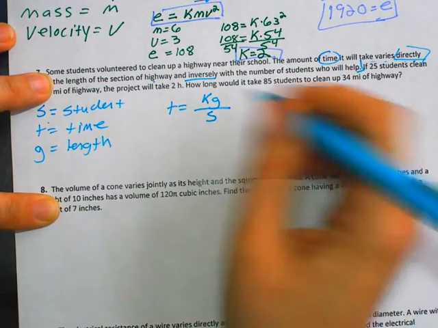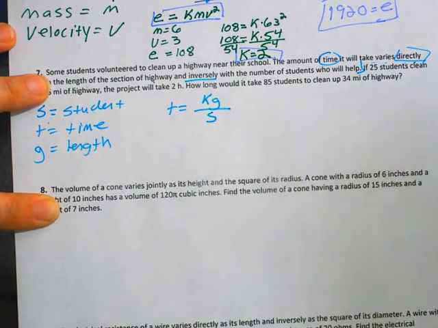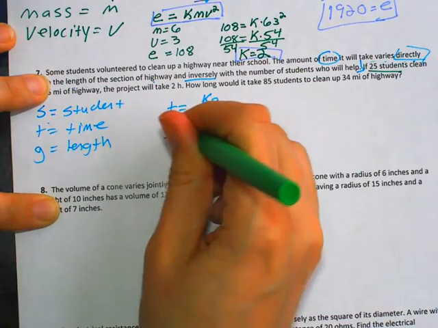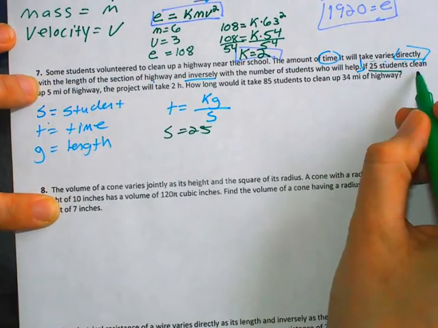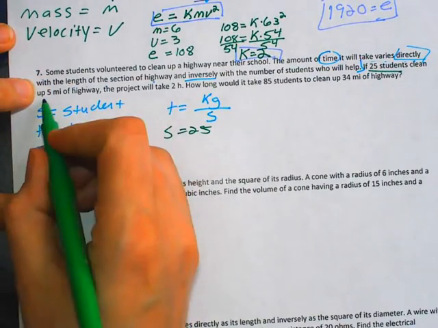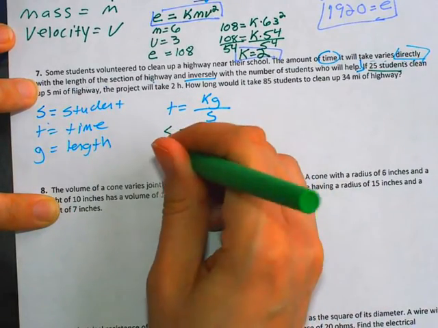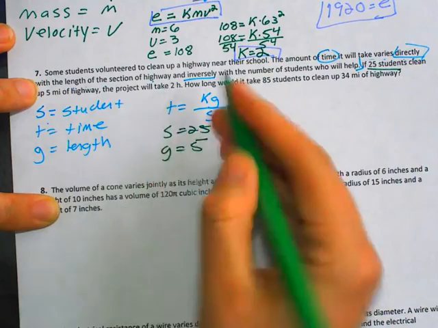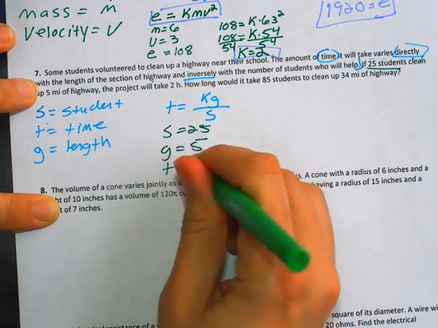All right, so there's our equation, but we have to find K. So let's read on. It says if 25 students, so S equals 25, clean up 5 miles, so length is 5, the project will take 2 hours.